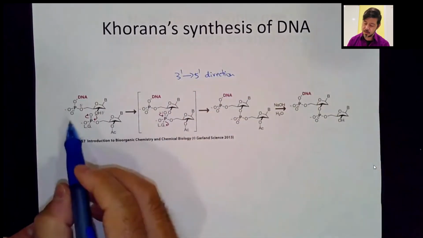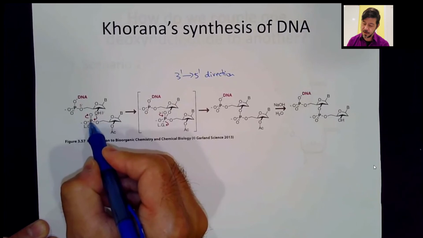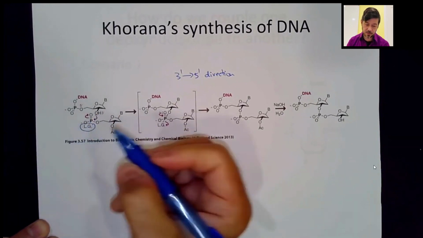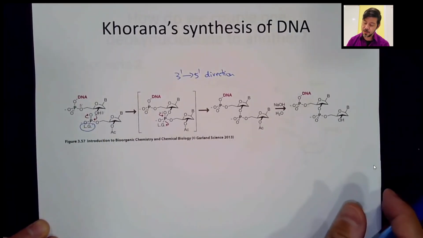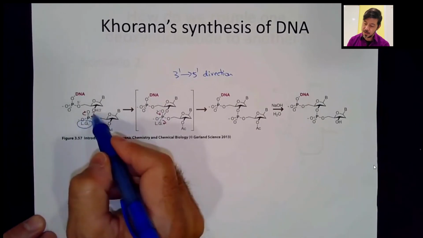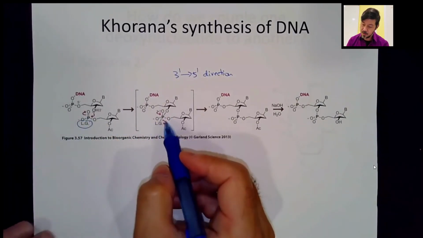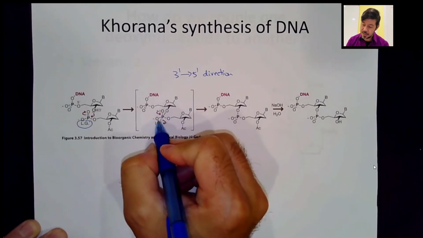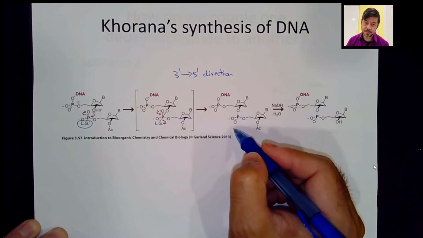In this instance, the researchers designed a 3' hydroxyl, and then they had a phosphate group that had a good leaving group here. So that's a good electrophile. You can imagine a whole bunch of different types of leaving groups. You would get this oxygen attacking to form a tetrahedral, or in this case a pentahedral intermediate. Electrons come down, release off a leaving group, and then you'd be left with your phosphate ester.